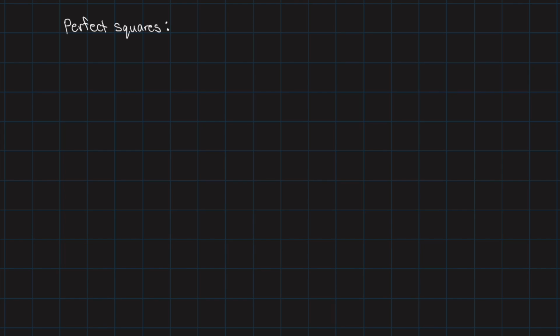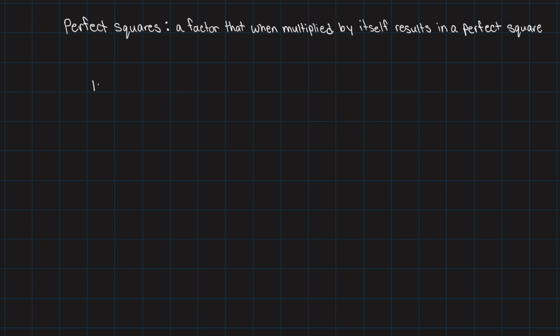Okay, so starting off with perfect squares, it's good to be familiar with a few, but let me just quickly explain what a perfect square is. It's basically like if you have a factor that when multiplied by itself gives you a number, that number would be a perfect square. Let's do 1 for example. 1 times 1 is 1, so 1 is a perfect square.